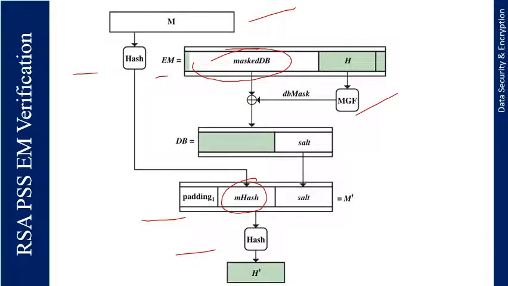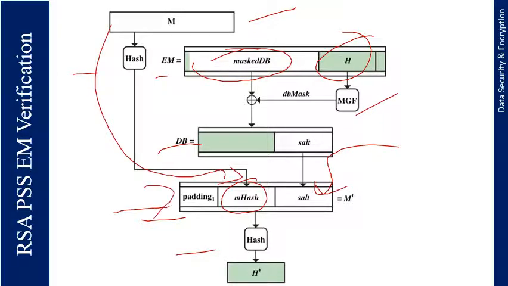In this way you can calculate the mask by the mask generation function by providing H and the mask length, and performing the exclusive OR function to produce the value DB. At this step you set the value of the salt and the hash value and the padding, and feed them to a hash function to generate the final hash value.